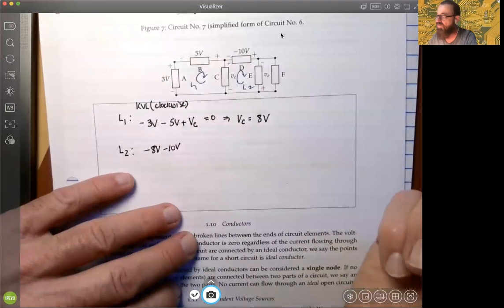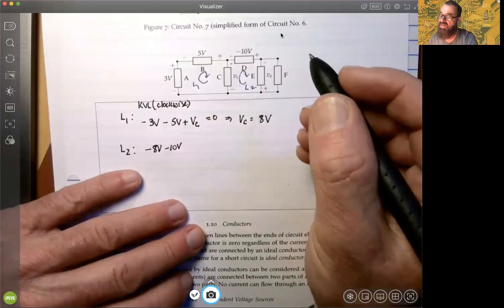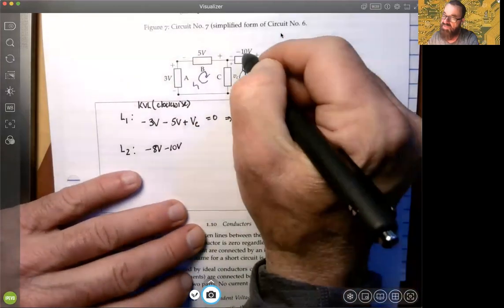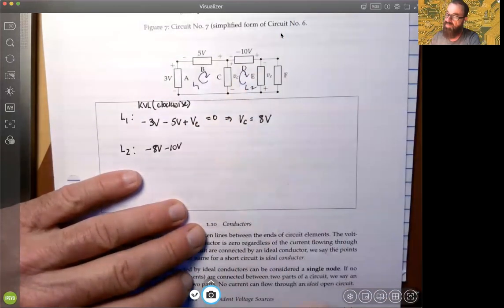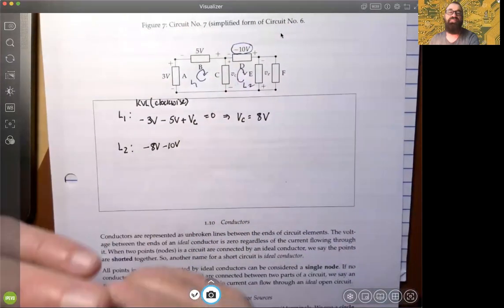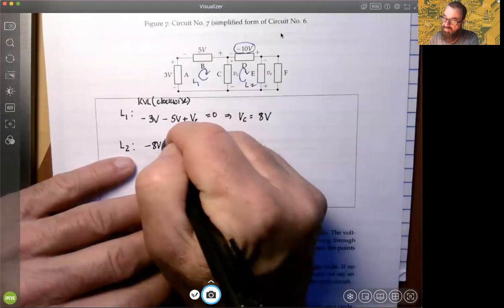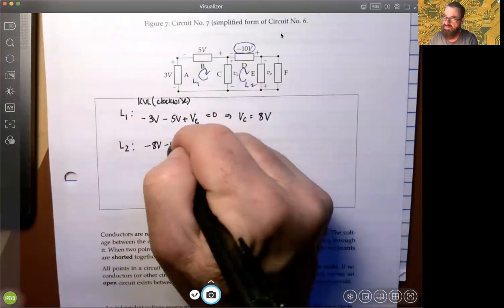It might be important to recognize that this is kind of tricky here. This was actually given as negative 10 volts, right?